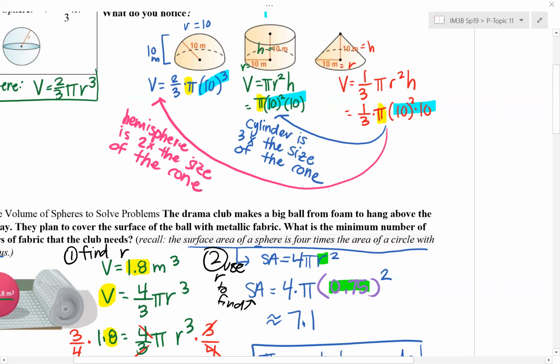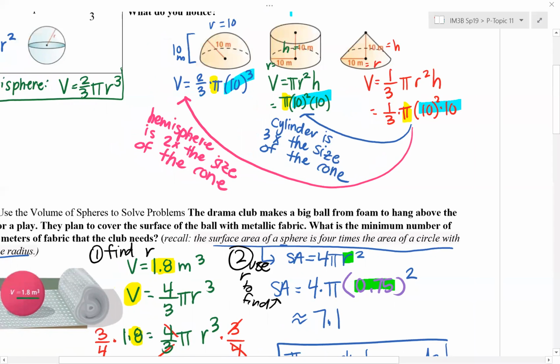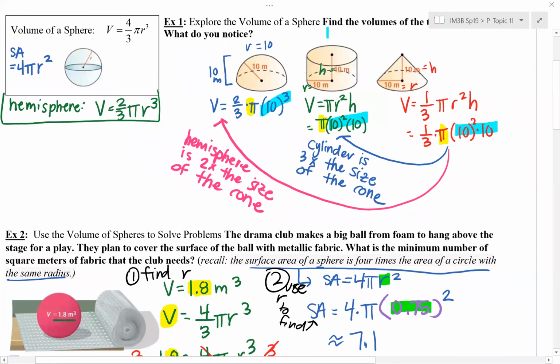And so that relationship will always be true. If I have something that has those same dimensions, the same height and the same radius, the cylinder is always going to be 3 times the size of the cone, and the hemisphere is always going to be twice the size of the cone. If we had instead a whole sphere, how much bigger than the cone would it be? 4 times. Good. So our volume formula is 4/3 instead of 1/3, so it's going to be 4/3 the size.